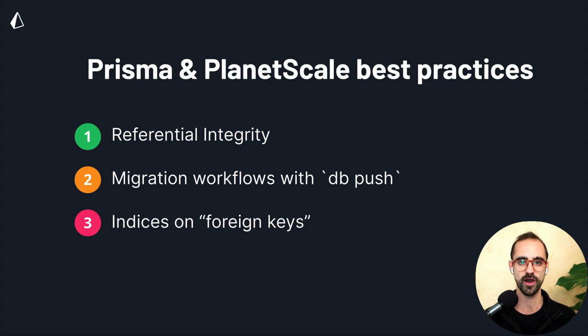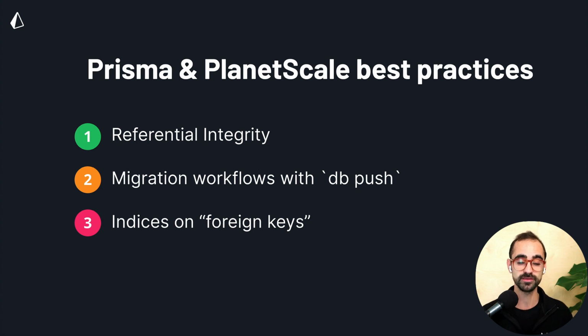The third and final best practice is to define indices on foreign keys. And this is related to the first point on referential integrity. When referential integrity is set in the Prisma schema to Prisma, no foreign keys are actually created in your database schema. And one of the side effects of that is that no index is created for those relation scalars, the field that represents the foreign key pointing to another table.